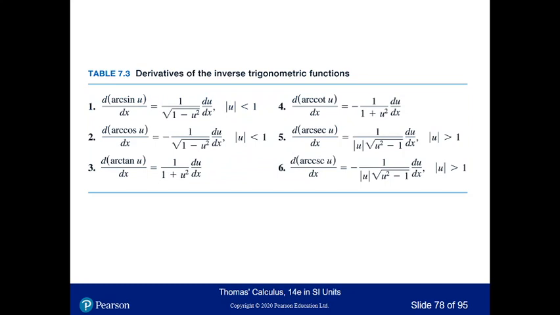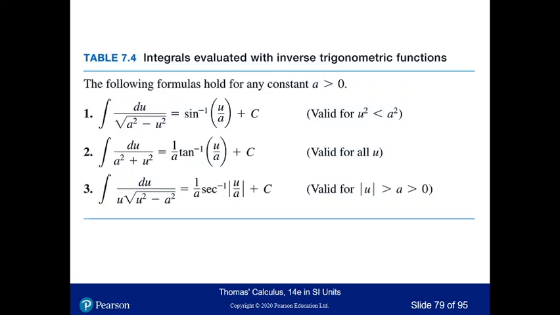I think we are going to skip that. We don't need too much of it, but we should be aware of 1, 2, 3, and 4. Okay? These are the derivatives of the inverse functions.